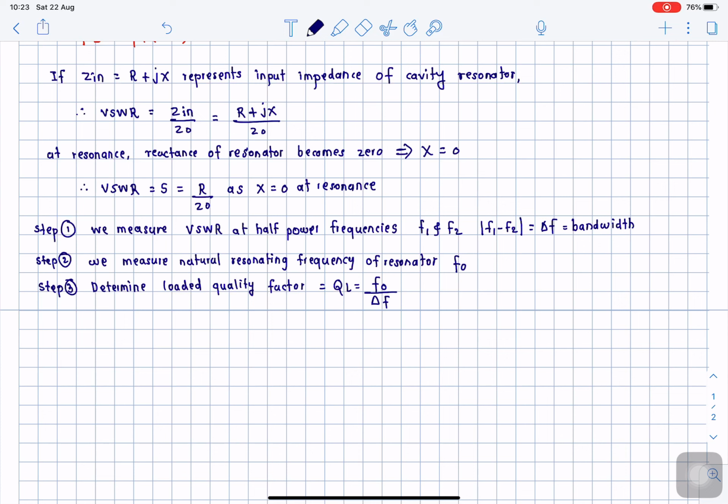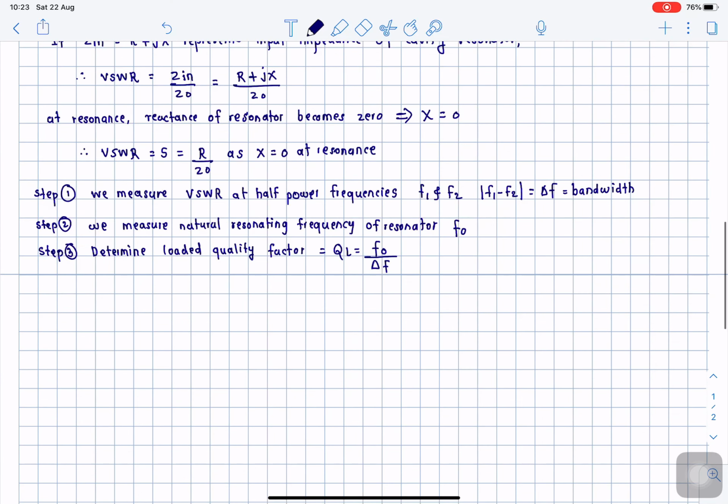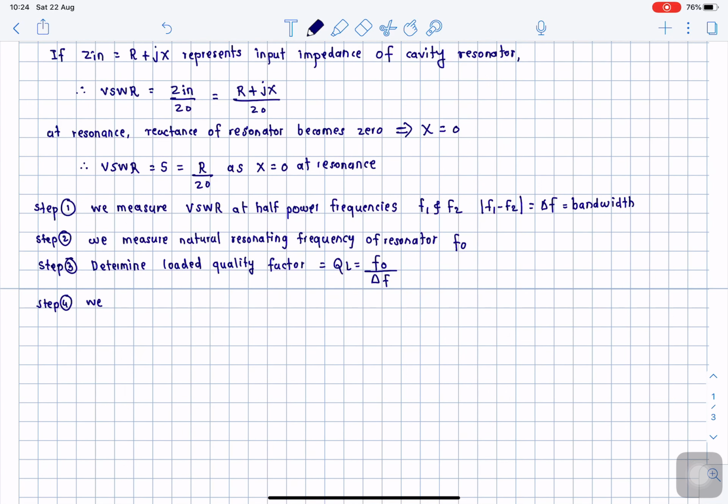In the 4th step, we will measure VSWR. We replace the oscilloscope with the VSWR meter and measure VSWR.